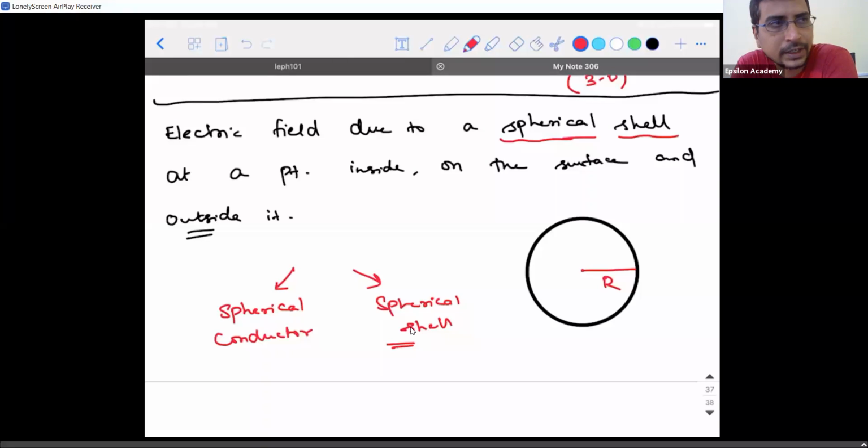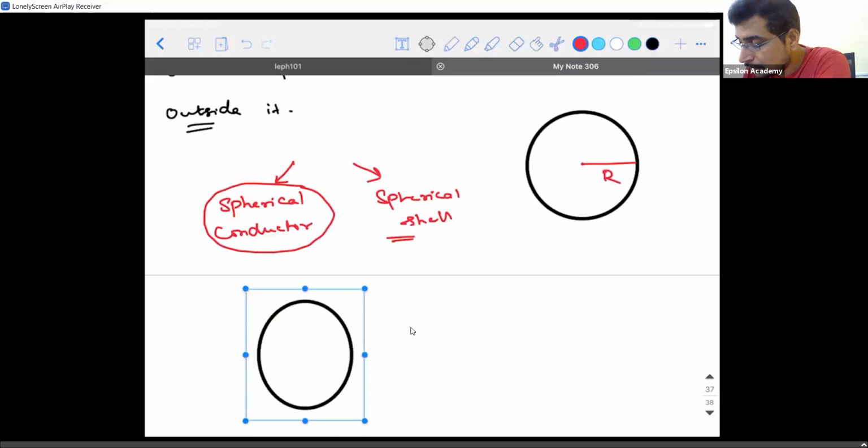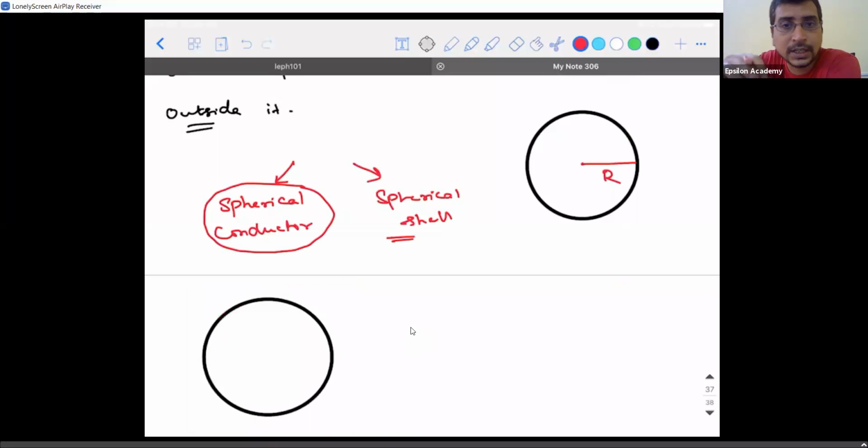We need to have clarity about it, or else we cannot proceed. So when I think of a spherical conductor, I am trying to say that I can store the charge within the conductor. Means if I give a charge, the charge will be present within the conductor, right?